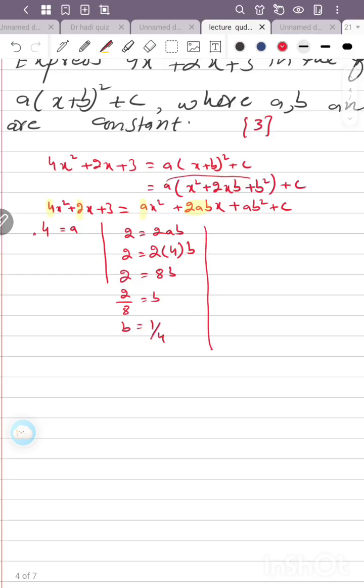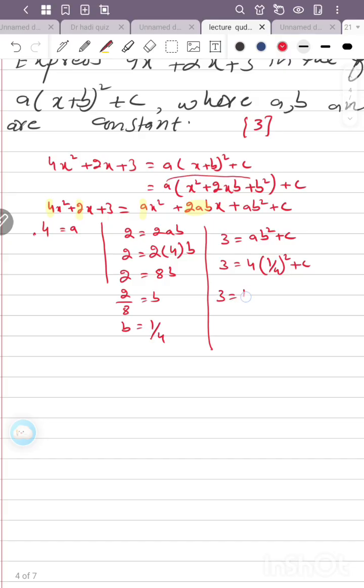We find another thing. In the last, we have to find the constant coefficient. Here we know that the constant coefficient on the left side is 3 and on the right hand side it will be ab square plus c. 3 equals, a value is 4 and b value is 1 by 4 square plus c.